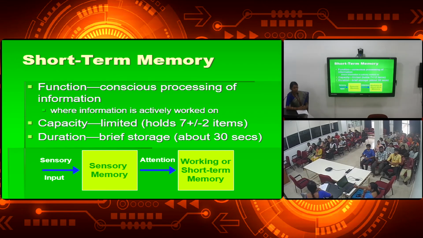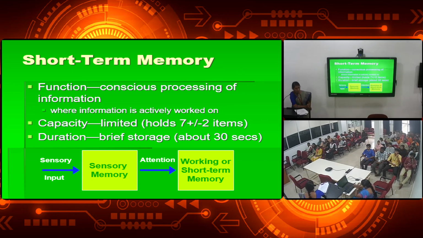A short-term memory function is conscious processing of information, which you can store in short-term memory. In your short-term memory, the information is stored for approximately 18 to 30 seconds.